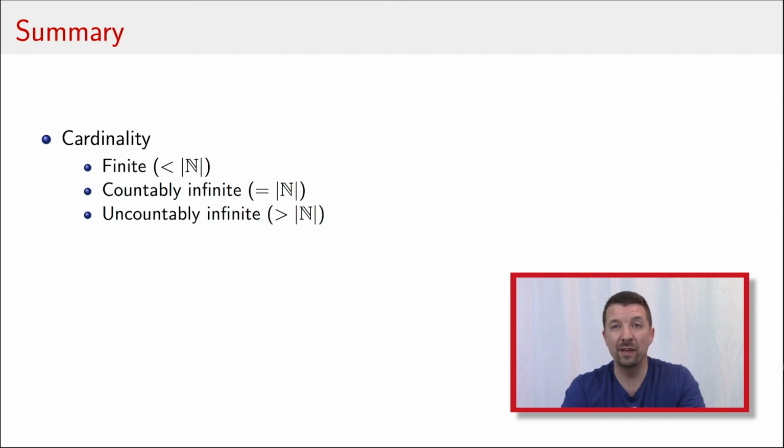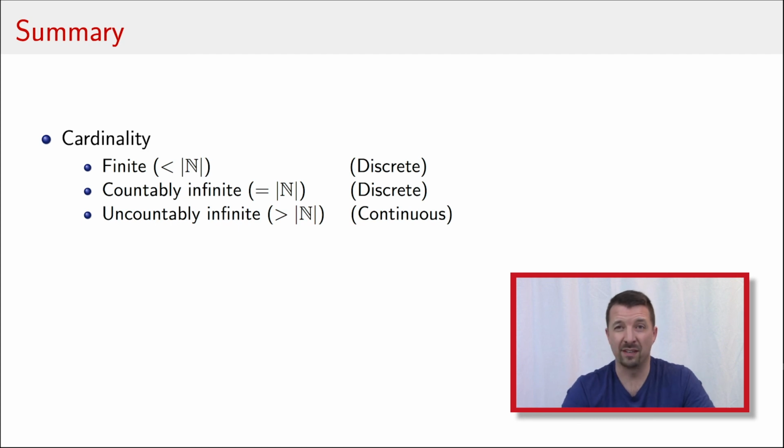And as I mentioned at the beginning, the main reason we wanted to discuss this is because mathematically, when we get to random variables, we're going to have to treat those random variables that have finite possible values or countably infinite possible values differently than we have to treat random variables that have uncountably infinite possible values. And later we're going to be talking about the first two as being discrete random variables and the last one as being continuous random variables.